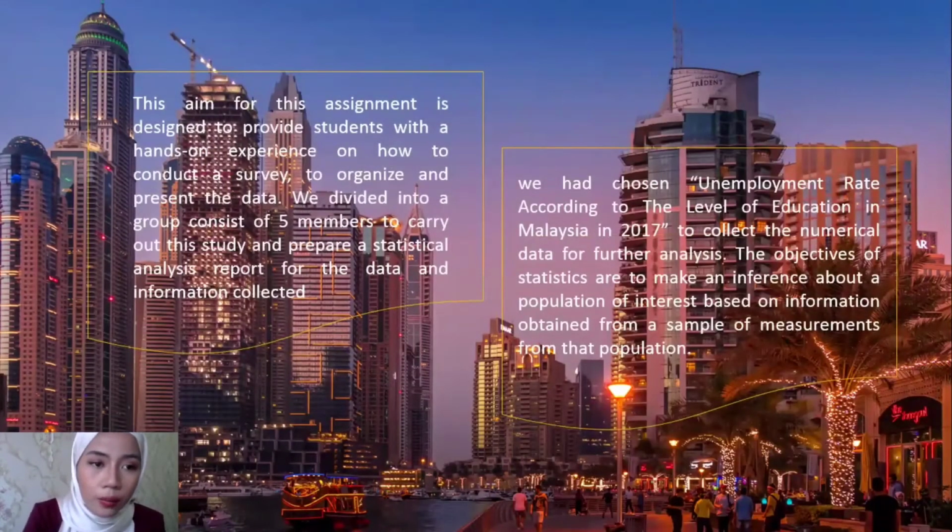The aim of this assignment is designed to provide the students with hands-on experience on how to conduct a survey, collect the data, and present the data. We divided into groups consisting of 5 members to carry out this study and prepare a statistical analysis report for the data and information collected.